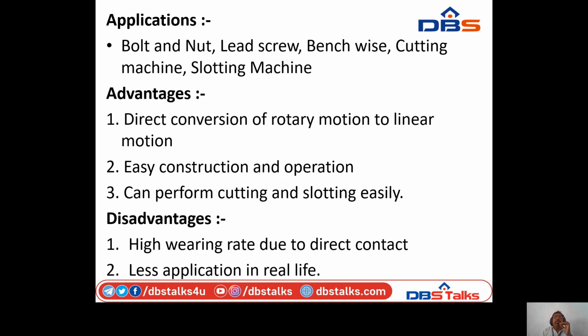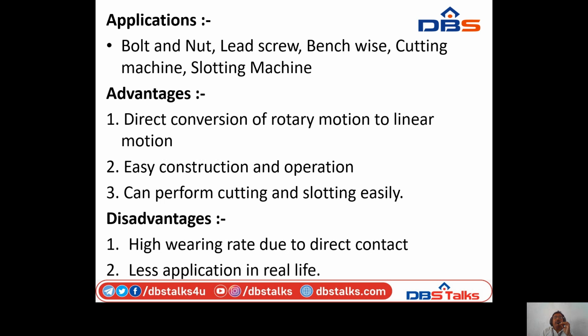Applications: bolt and nut, lead screw, bench vise, cutting machine, slotting machine. Here, conversion of motion, okay.